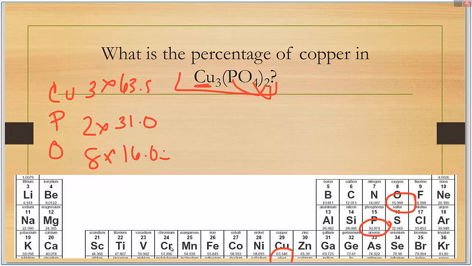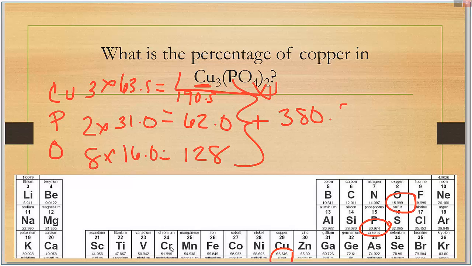We want to multiply that all out. Copper comes out to be 190.5. Phosphorus comes out to be 62. And oxygen comes out to be 128. Add all of that together, and you get 380.5. Now we just care about the copper in this question.